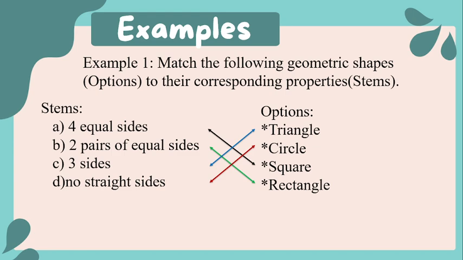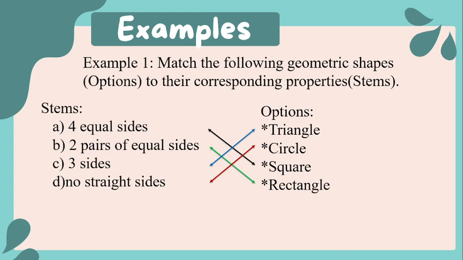We are going to analyze each stem and option for us to match it accordingly. So here, A, 4 equal sides match with square. B, 2 pairs of equal sides match with the rectangle. C, 3 sides is matched with the triangle.